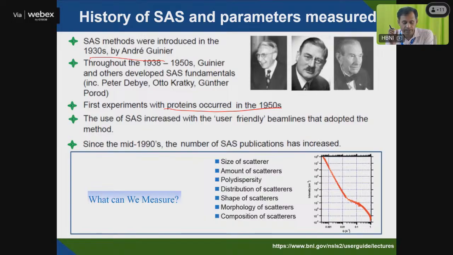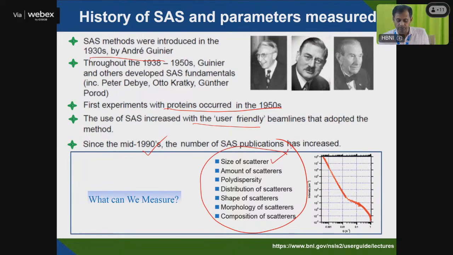You don't need any high energy source or synchrotron source here; with a conventional beamline you are able to do small angle X-ray scattering. From the mid 1990s onwards, the number of publications increased in the case of SAXS, and research use mainly started. So you will get all this information from the small angle scattering technique.